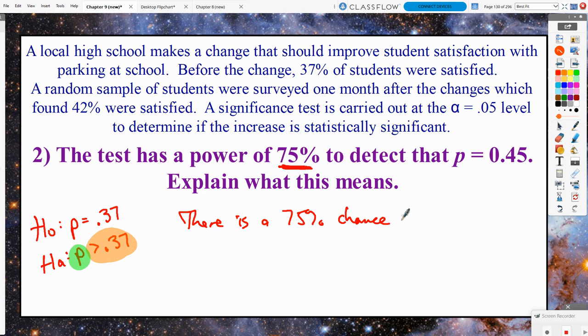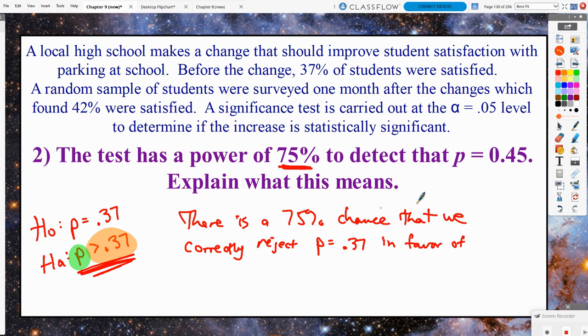There's a 75% chance that we correctly reject P equals 0.37 in favor of something greater than 37%, but they gave us a specific number to be in favor of for the alternate hypothesis. So in favor of a proportion of 45%. So again, power is the probability that we correctly reject the null hypothesis in favor of, and they typically have to give us a specific number to be in favor of in that instance.